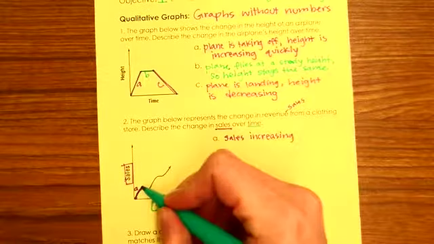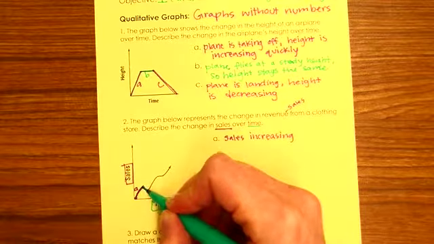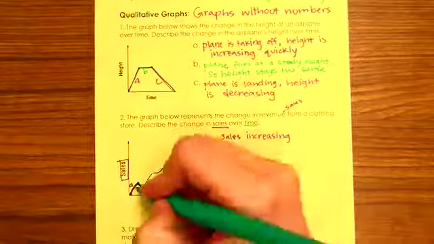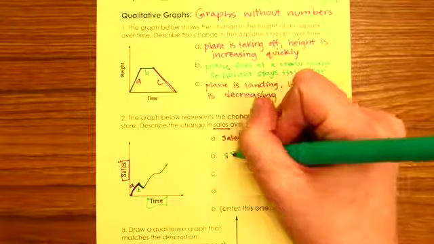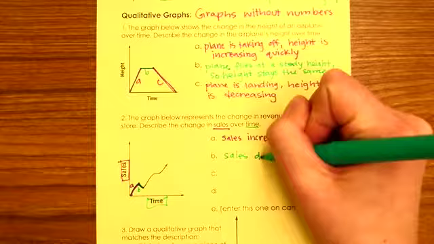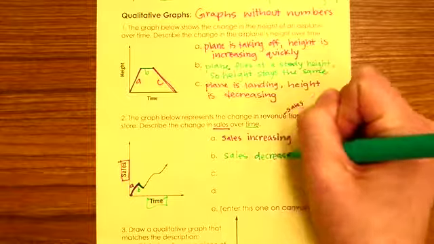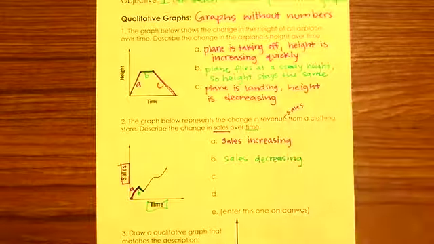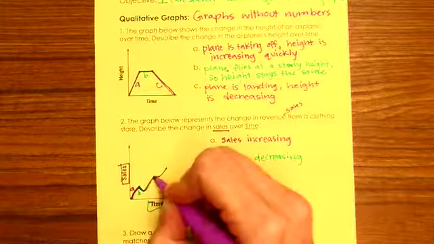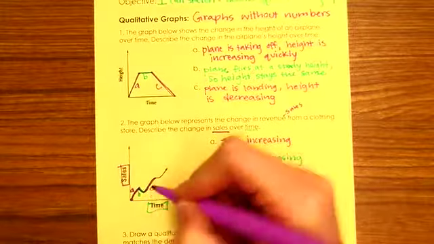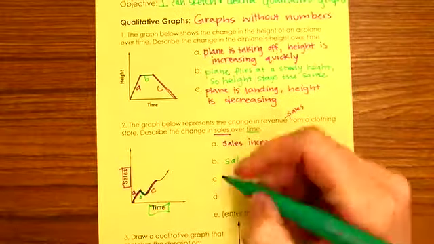Now, as time keeps going in this section, though, the graph drops. So for this section B, we could describe it as sales decreasing over time. Then we have another change, so we're going to describe this step as different. We'll describe this as C. Sales are increasing again.